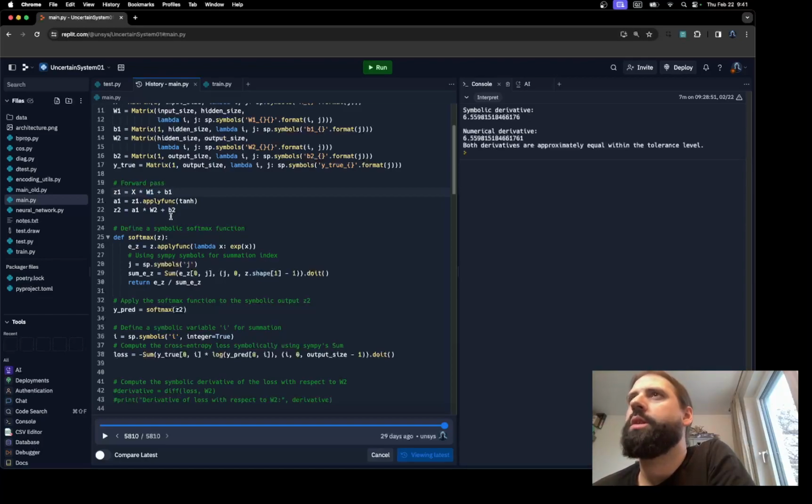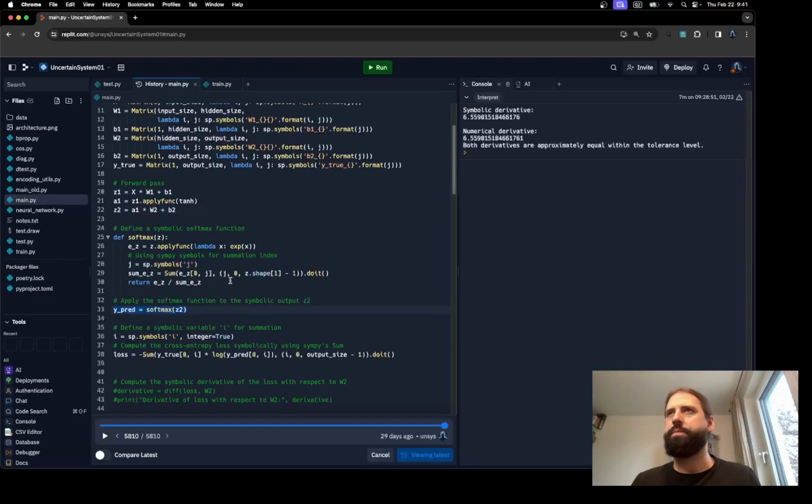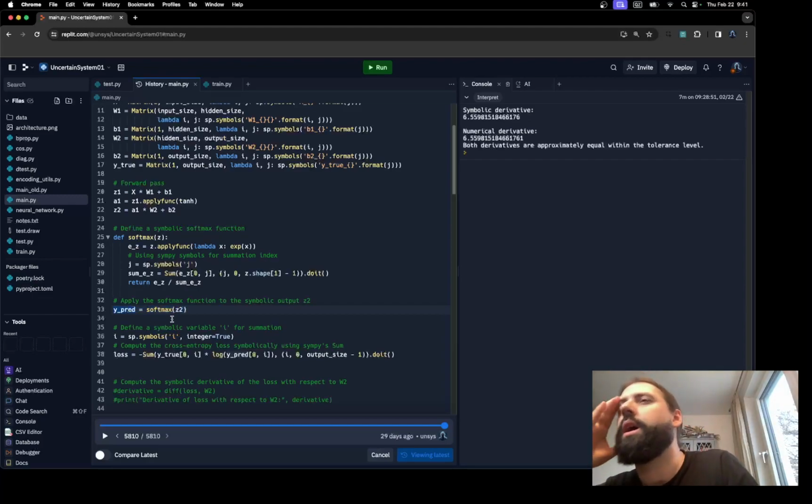Now the loss function depends essentially on z2, right? Not even that, it's these, right? So this is your prediction. This is what you have in here.